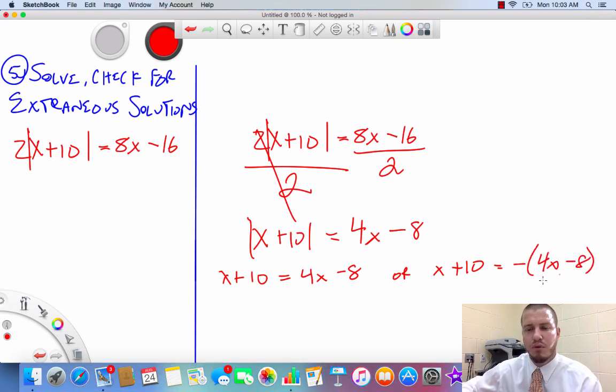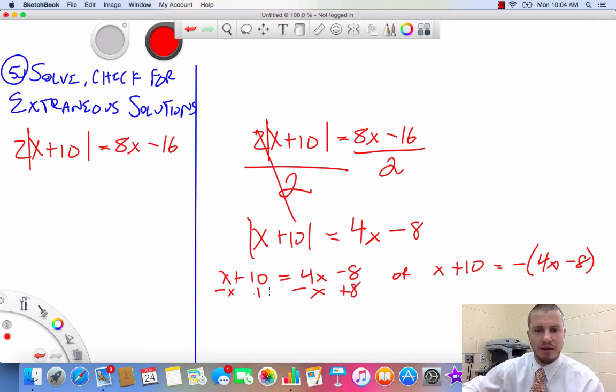Now it's important you put that in parentheses because it's not just the negative 4x, it's the negative of the whole thing. Because that negative is going to be distributed into that parentheses. So to solve it from here, I'm going to subtract x and get those on one side. I'm going to add the 8 to bring that to the other side.